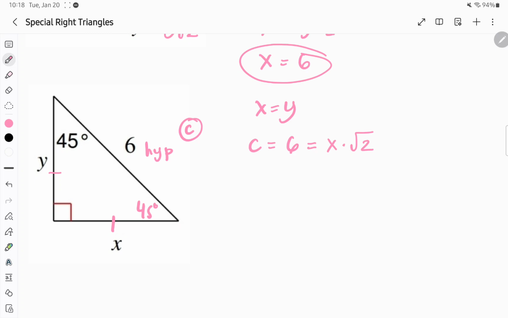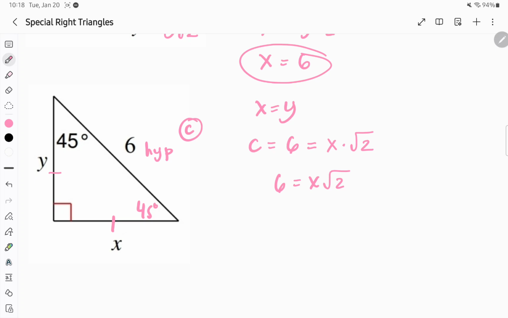Kasi, di ba ang sabi, the hypotenuse is equal to any of the leg times square root of 2. So, since leg naman ito, multiply ko to sa square root of 2, dapat equal sa 6. So, with that, ang gamitin kong equation ay ito. So, that is 6 is equal to x times square root of 2 or x square root of 2 na lang.